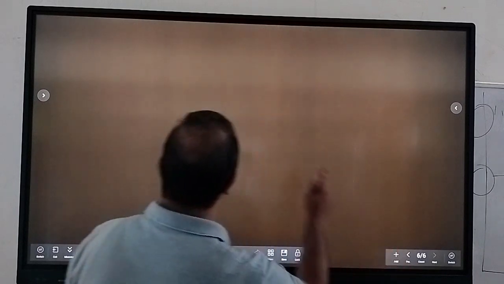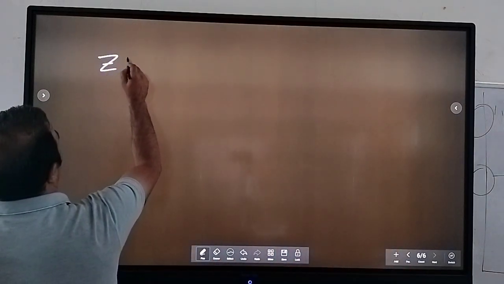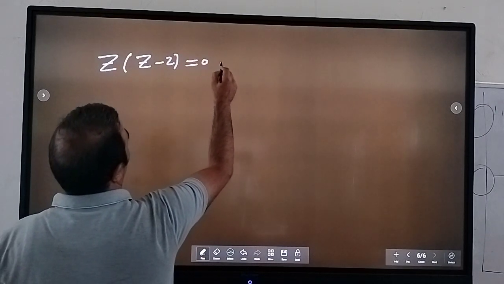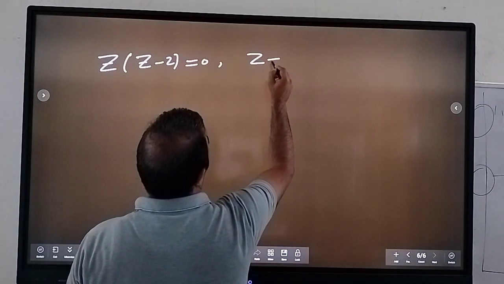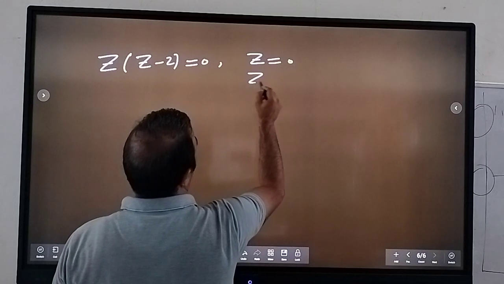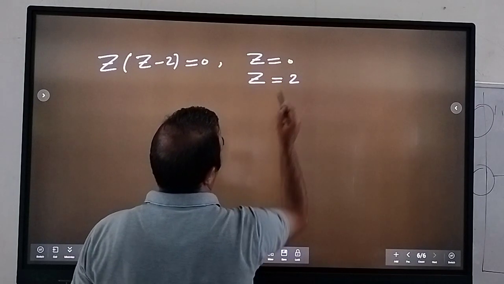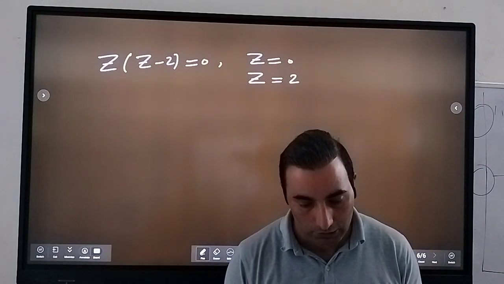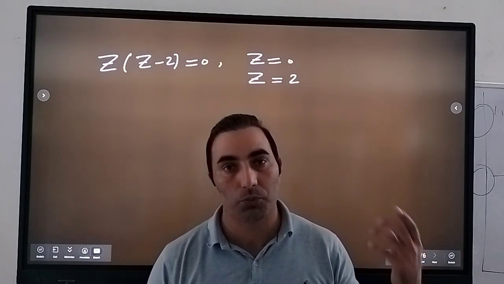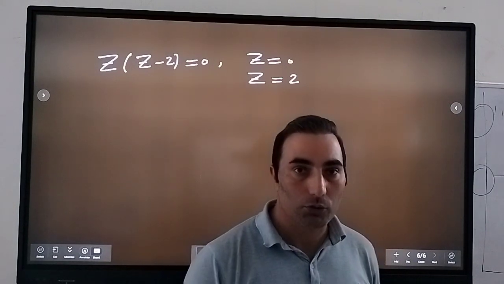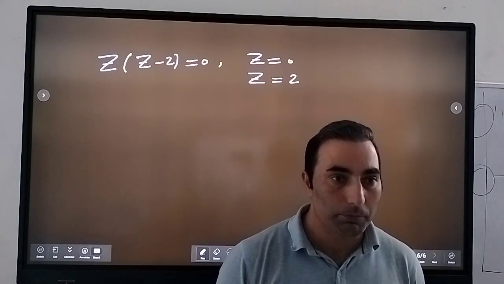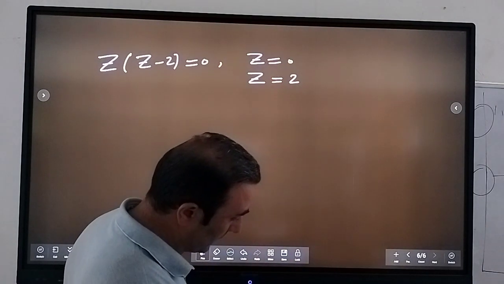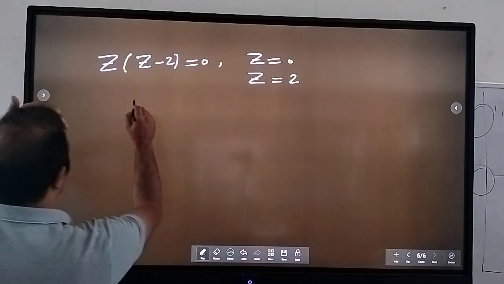So you can write this way, that z equal to either 0 or z equal to 2, these are two simple poles for this function f of z, right? So where the function is not defined, we can say that.